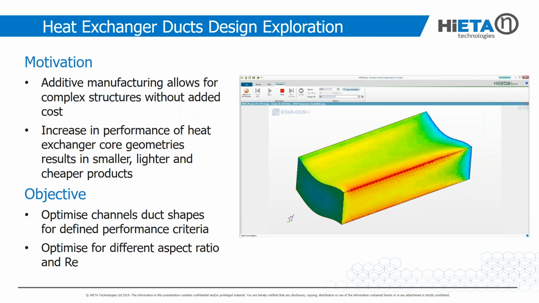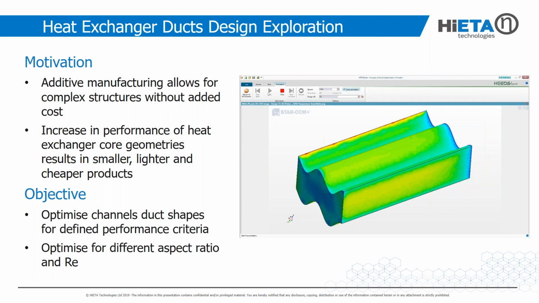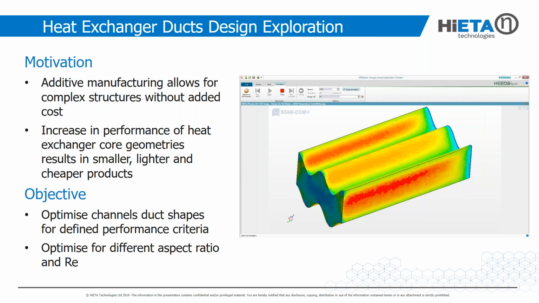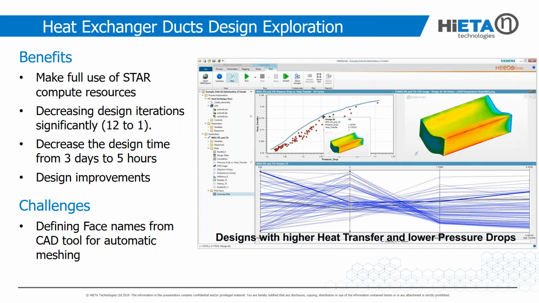In this case, heat transfer and pressure loss, and then we optimized the duct for different aspect ratios and Reynolds numbers. You can see one shot of this, and the similar process Adam already mentioned to you. It was a very significant decrease in design time for us, which saves us a lot of days in coming up with the best solution for a specific application.